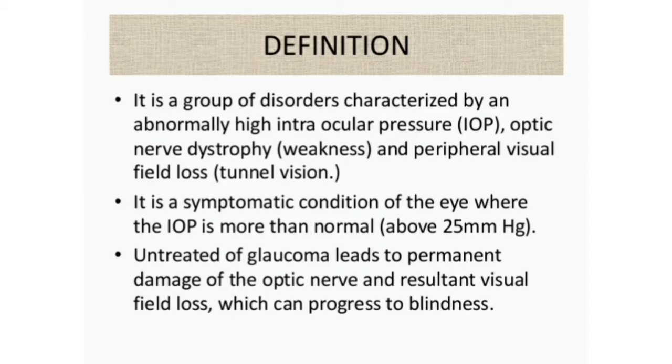It is an asymptomatic condition of the eye, and when the IOP is greater than 25 mmHg, we generally call it glaucoma. If you do not treat glaucoma, it can cause permanent vision loss and permanent blindness.